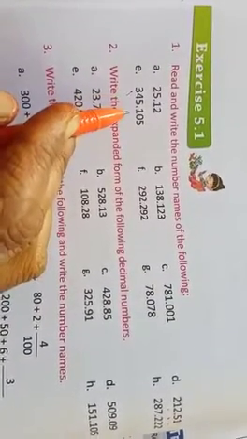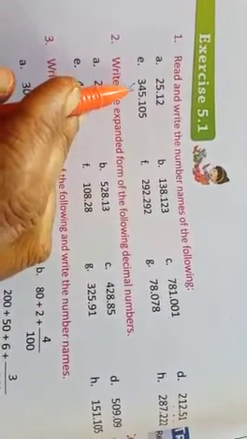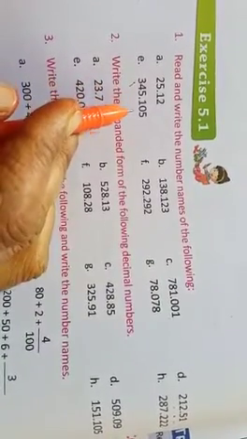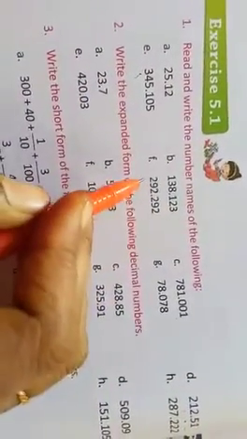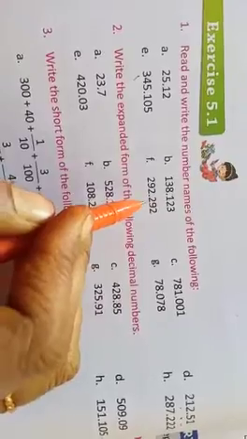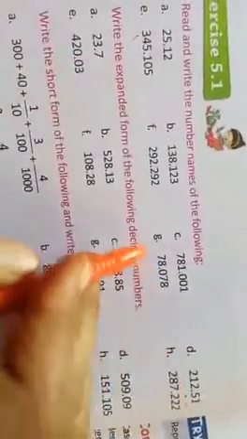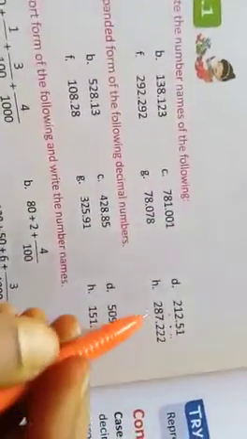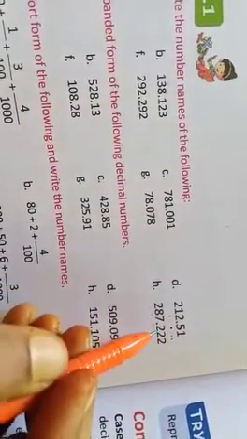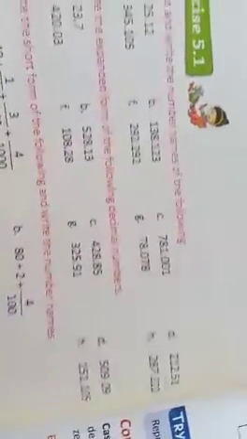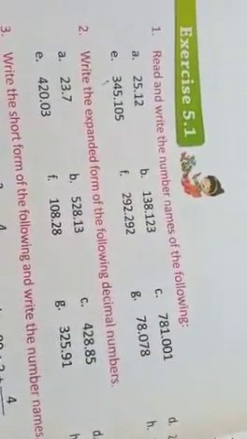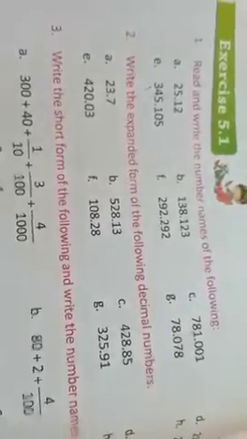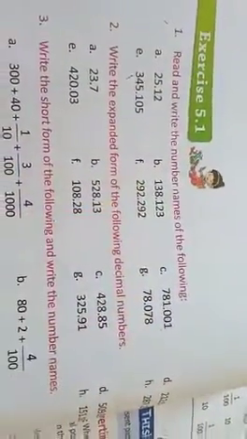You shouldn't write 105, right? 345.105, 292.292, 78.078, 287.222. Okay. Now I am going to show you how to write for the first two. The remaining problems you have to do for homework.